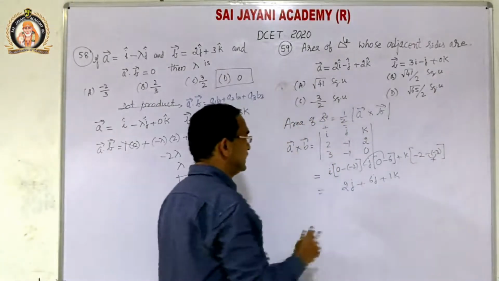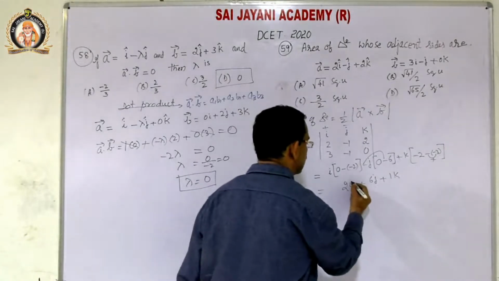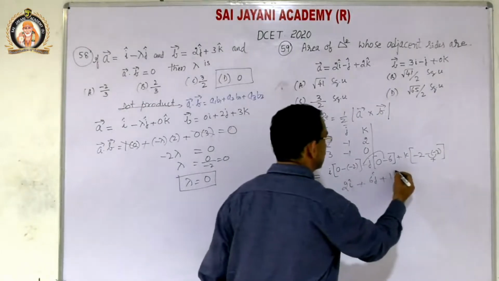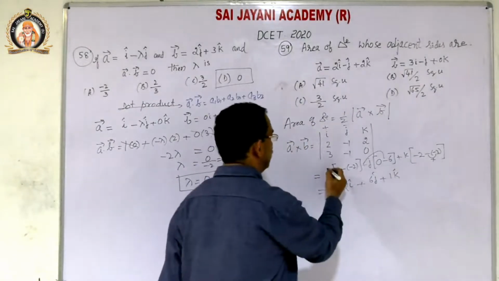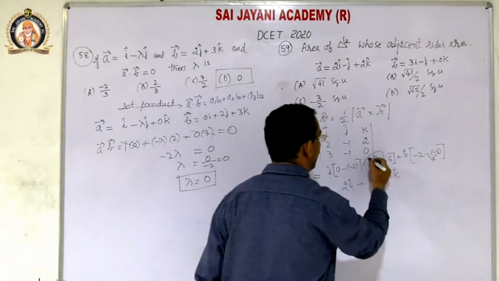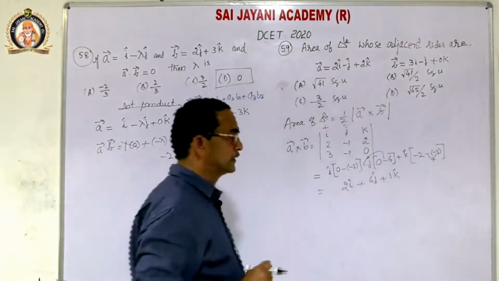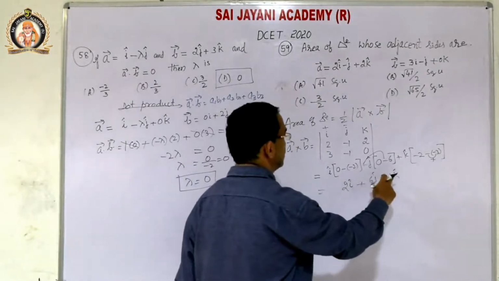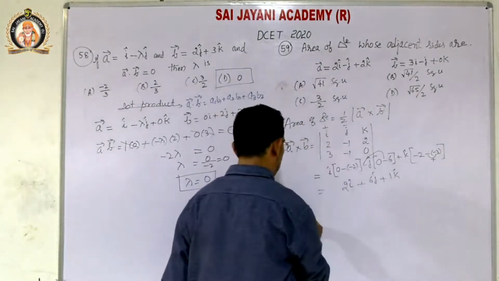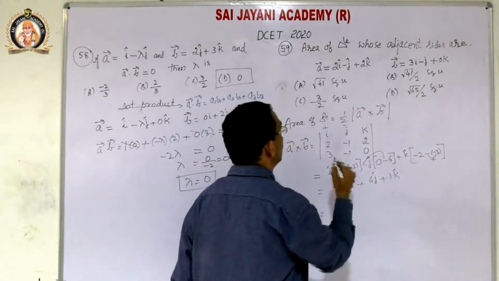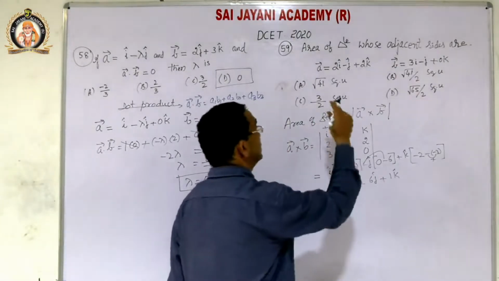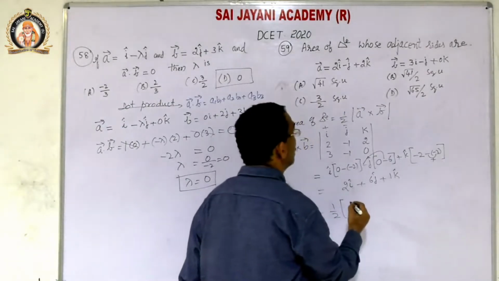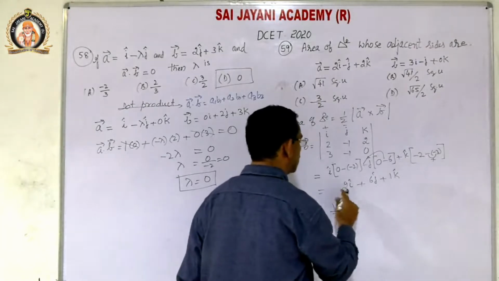Of course i, j, k are the unit vectors. It is very important to write the cap, i cap, j cap, k cap, because the cap is essential to show the unit vector. So now we are having 2i plus 6j plus k. Therefore the area of the triangle whose adjacent sides are given is half into the magnitude of this vector.